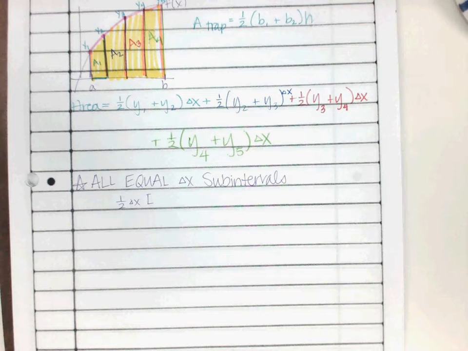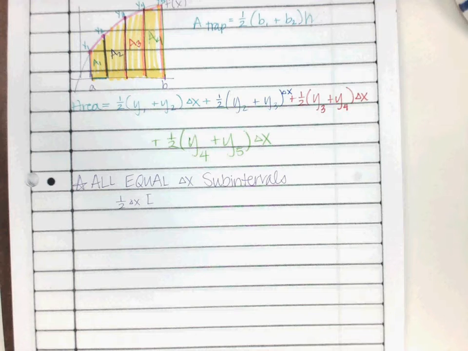I'd have y1 plus y2, plus another y2 and a y3, plus another y3 and a y4, then another y4 and a y5. How many y2s did I have? 2. How many y3s? 2. How many y4s? 2. Then when I had y1 though, how many? 1. What about y5? 1. Only 1. So the very first one and the very last one, you're only going to have 1.